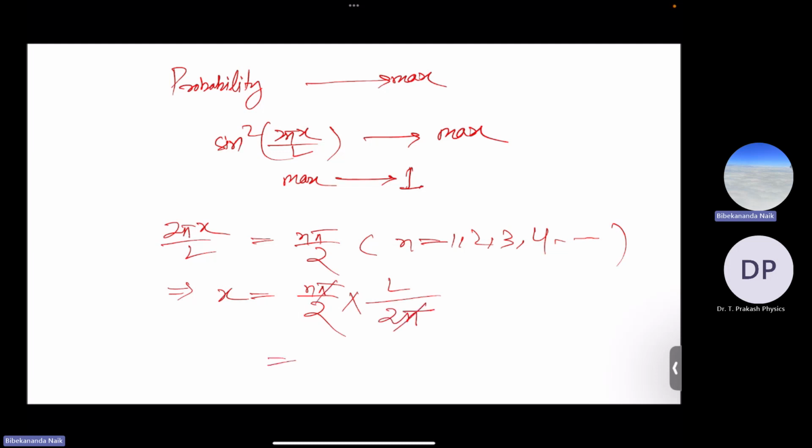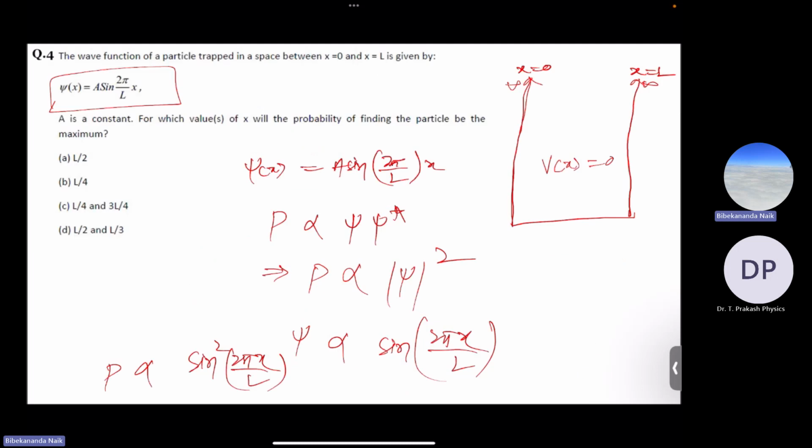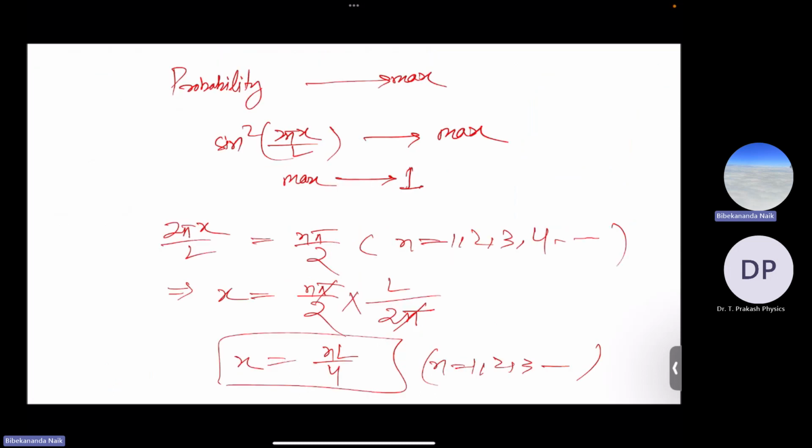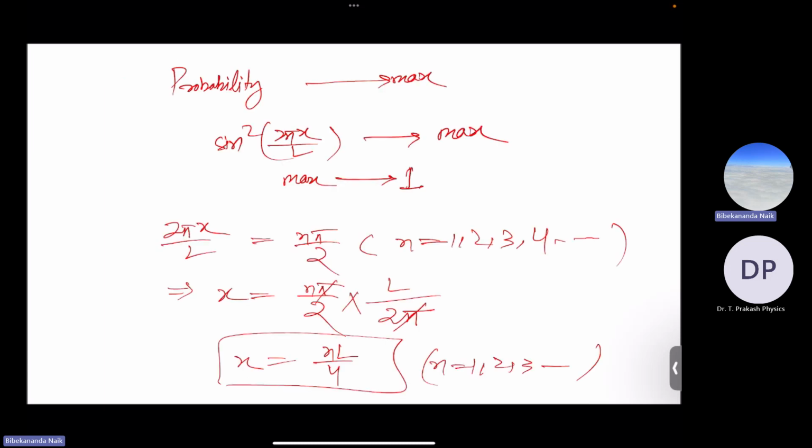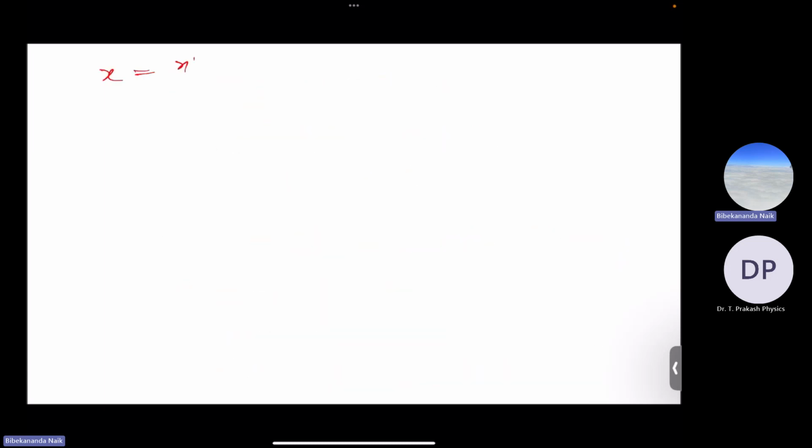So pi gets cancelled out. It is nL by 4. So at these points, x where n equals 1, 2, 3, like that, the probability of finding the particle will be maximum. So x is nL by 4, where n equals 1, 2, 3, etc.